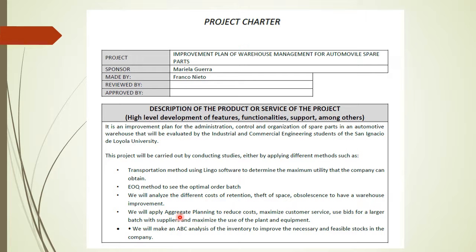In aggregate planning, we will see a lot about the data that Mariela Getler gave us. Finally, you taught us to do an ABC analysis of the inventory just to see the stock, how flexible it is, and how the company gets away with that stock and that kind of stuff.